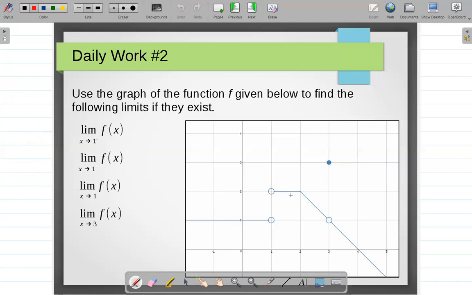When x approaches 1 from the right, that means f of x is approaching 2. So this is 2. And when x approaches 1 from the left, there's a minus on the top. Then this line is approaching 1. So this is 1.